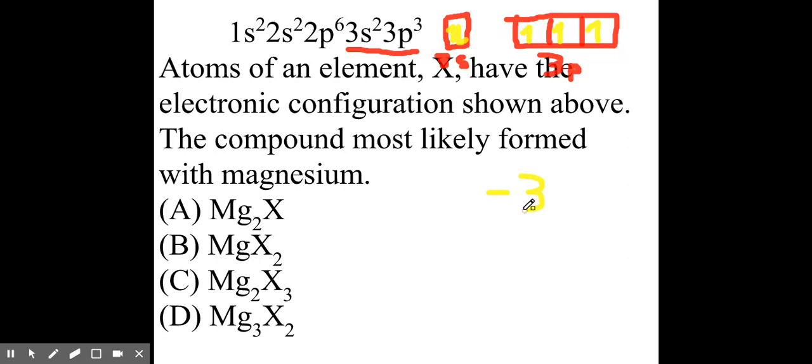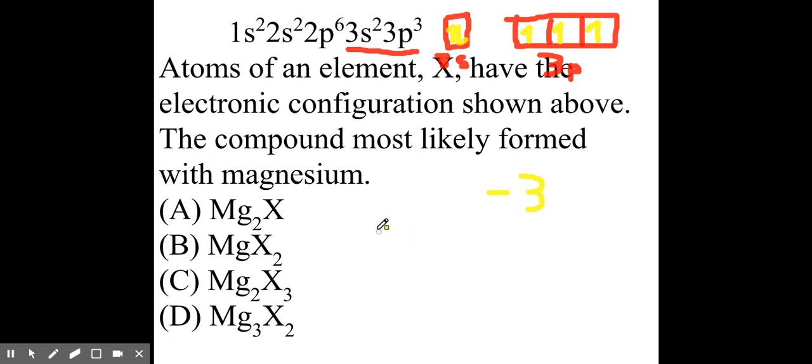Very good. So its oxidation state would probably be a -3, because there are 3 available electrons right here. So if I added 3 electrons, it would be a -3.